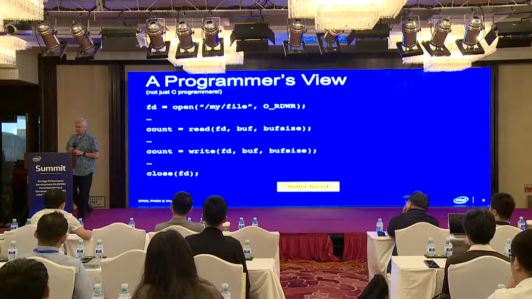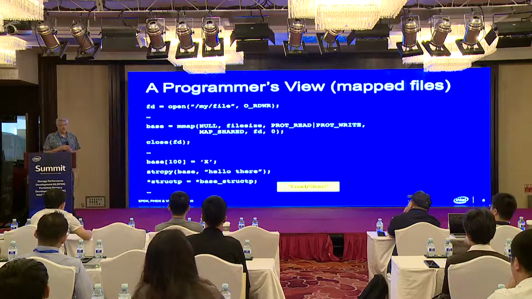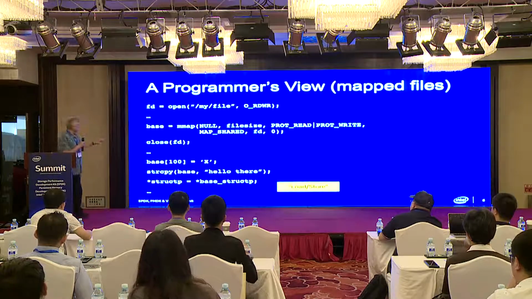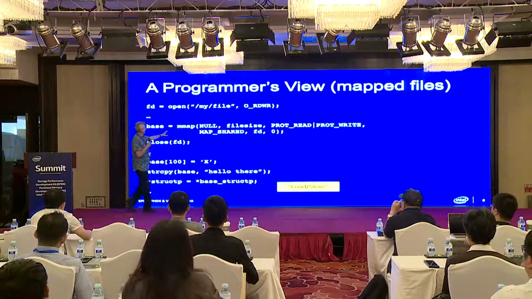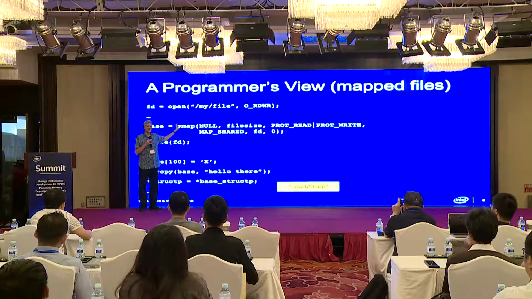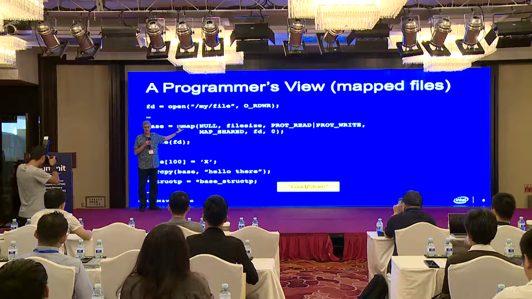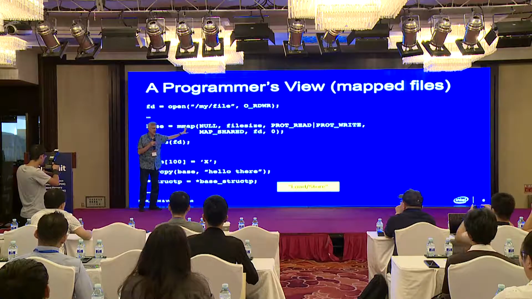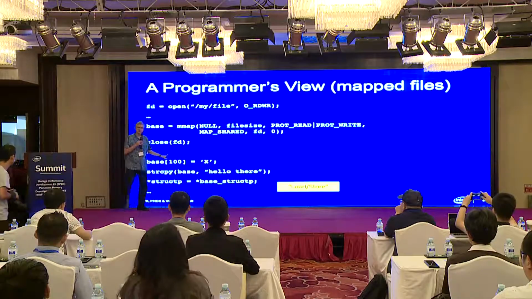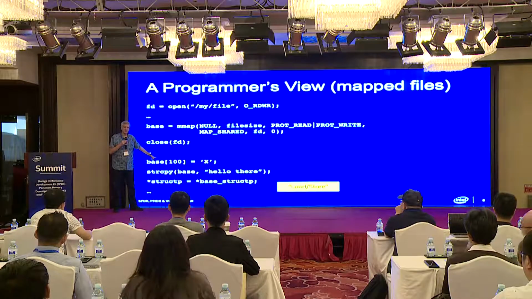Well, what about mmap? What about the memory mapping of files? In storage, for about 30 years, we've had this thing called mmap. On Windows, it's called MapViewOfFile. And it's been around forever. What happens is, you map the storage here, and then you get to do byte-addressable access.